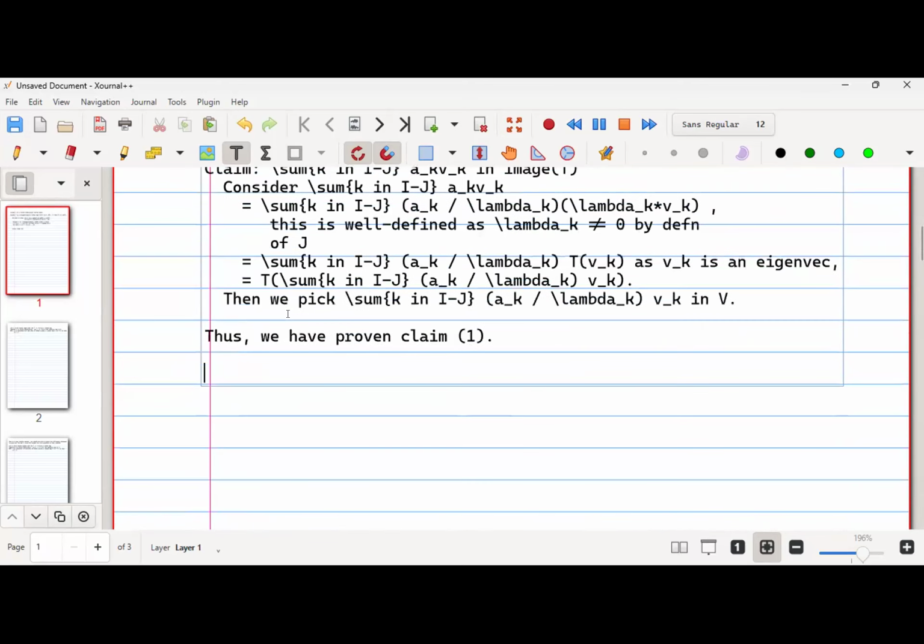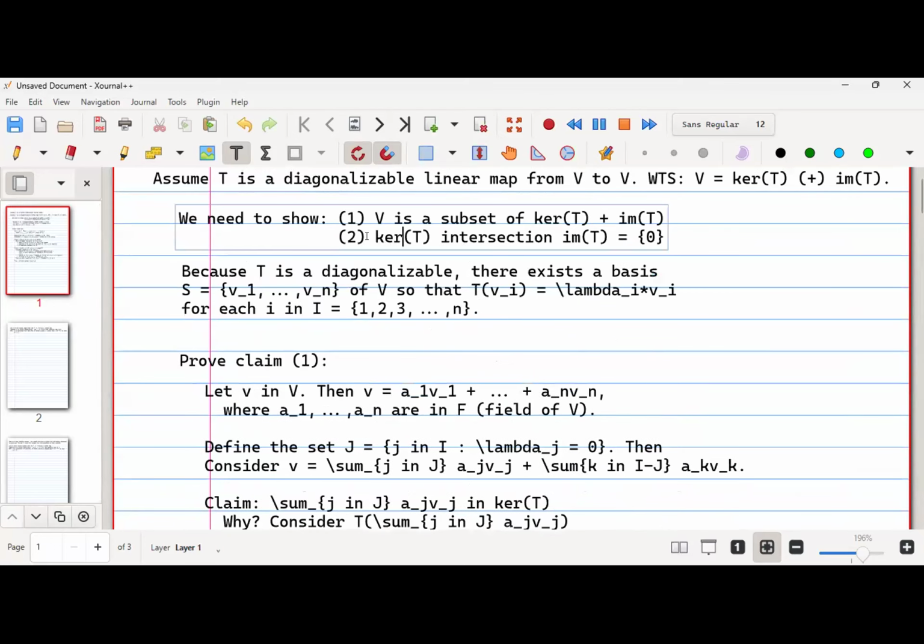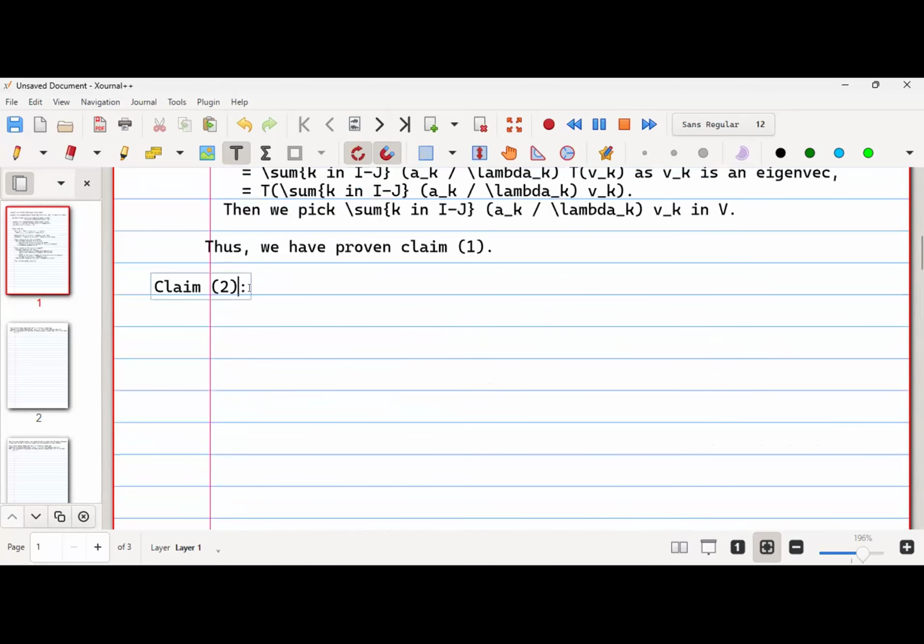Now we move on to claim 2. Right, and that was that when we intersect the kernel of T with the image of T, that's just the trivial vector space.